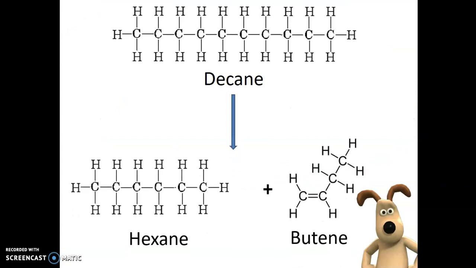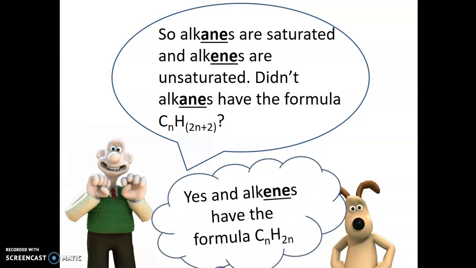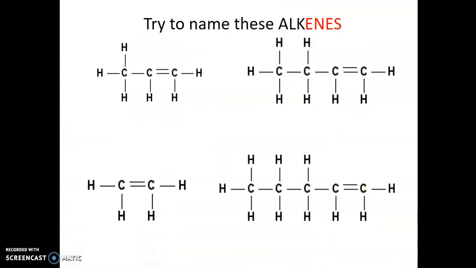So again, hexane has 6 carbons and 14 hydrogens. Butene has 4 carbons, but only 8 hydrogens because of the double bond. So alkanes are saturated, alkenes are unsaturated, alkanes have the general formula CnH2n+2. Alkenes have the general formula CnH2n because of that double bond.